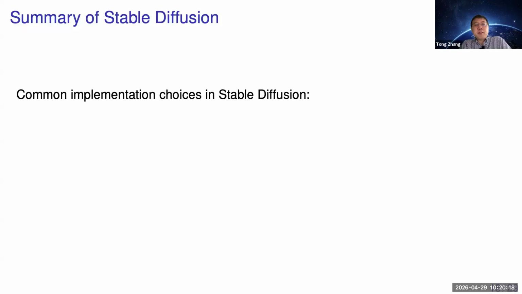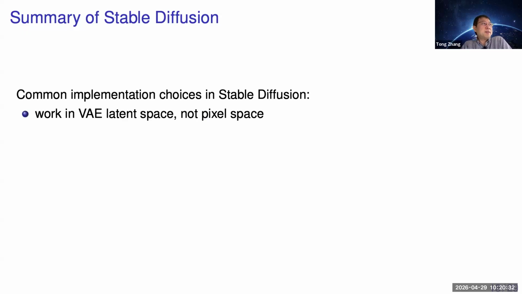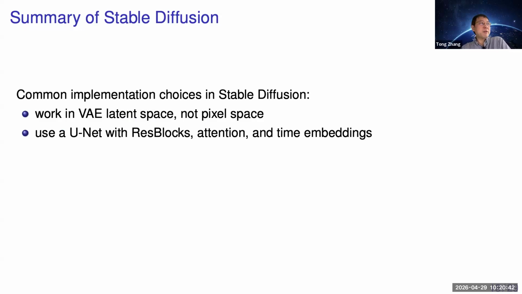So, a summary about stable diffusion, then we'll move on to some experiments and fine-tuning about stable diffusion, which is a little bit relevant to the homework. A common implementation choice in stable diffusion is to work in the VAE space, not pixel space. And this is basically latent diffusion, a latent UNet.